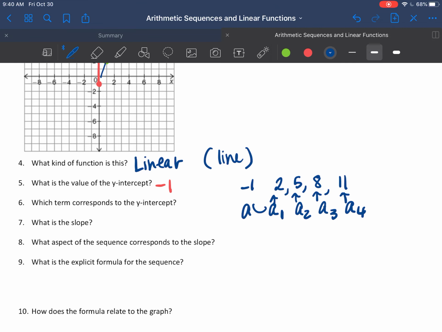And so if we go back and put the -1, that would be a sub 0. The 0th term. Okay, so it doesn't actually show up in our given sequence, but if we were to continue the pattern and go the opposite way, we could get the 0th term, which would correspond to the y-intercept.